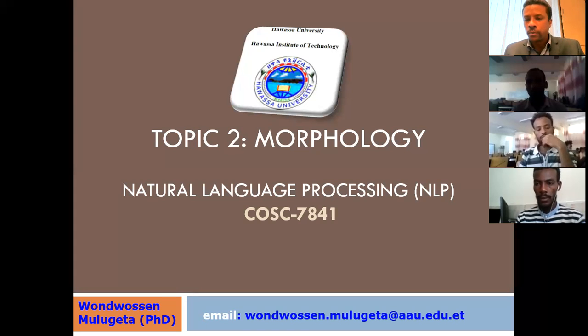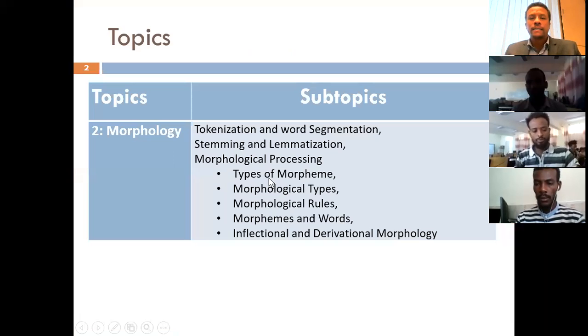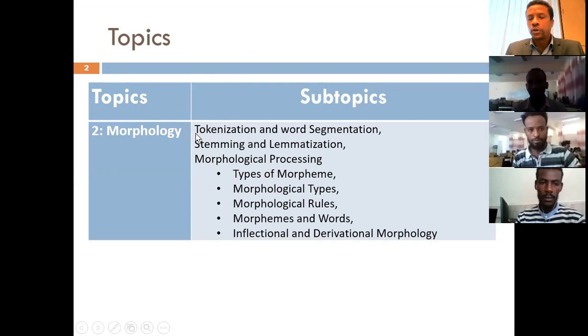And as you recall from the previous week's class, we know that morphology is a study of how words are formed or how words are going to be analyzed from a linguistic perspective. So based on that, these are the subtopics that we'll be trying to cover. We'll talk about issues of tokenization and word segmentation, because whenever we work on morphology, we are working on a word.